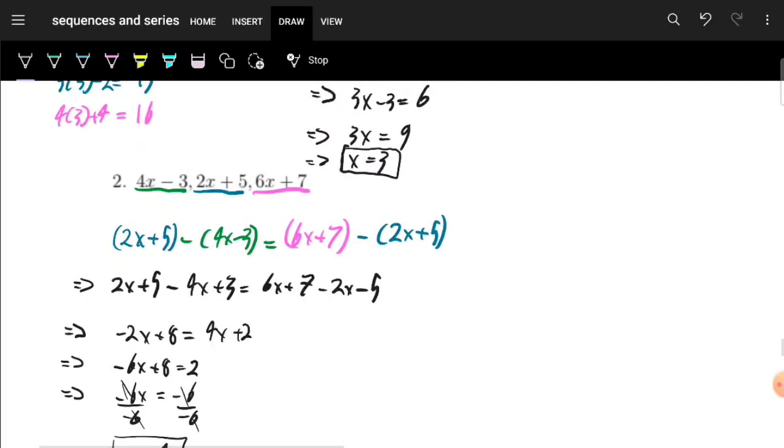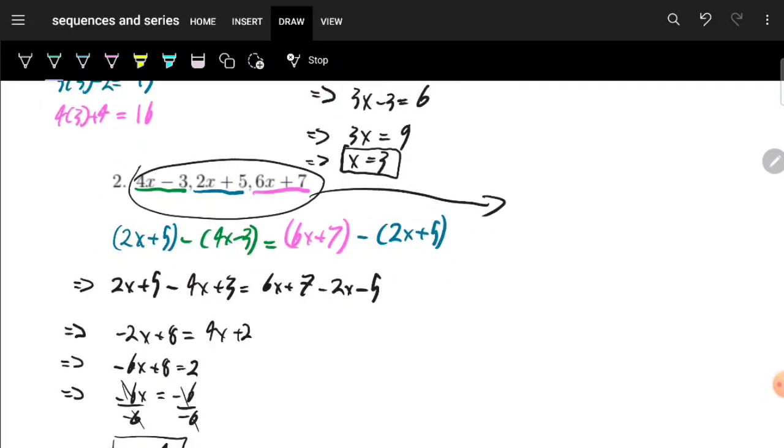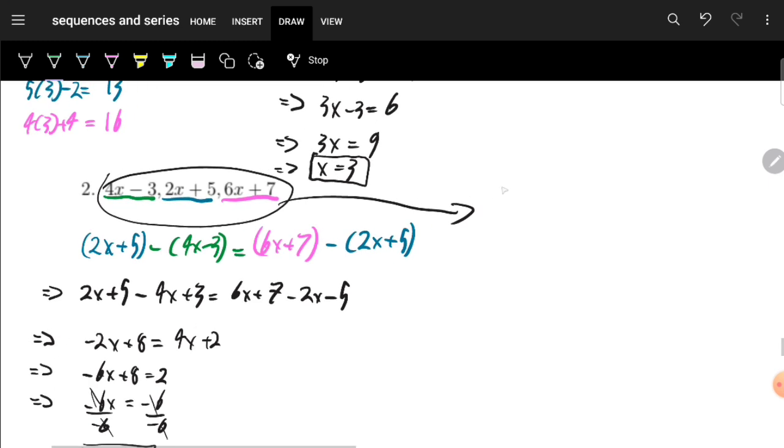Let's calculate the three terms now. So if x is 1, we get 4 times 1 minus 3, which is equal to 1 for the first term. Second term will be 2 times 1 plus 5, so that's 7.